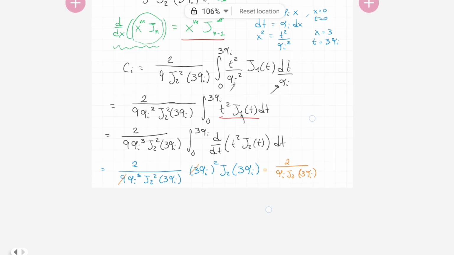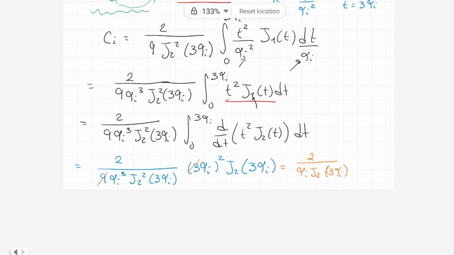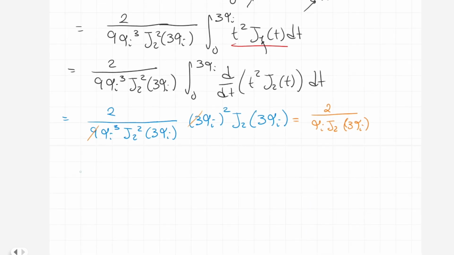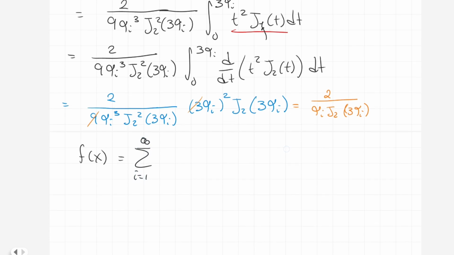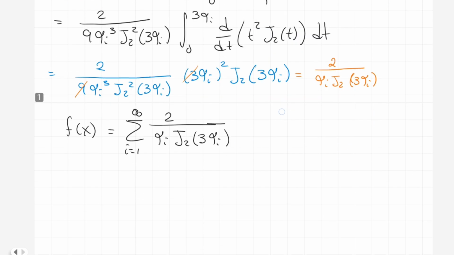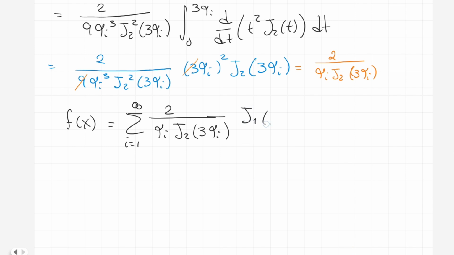Okay, perfect. So with this, we can say that our function f of x is equal to the sum from i equals 1 up to infinity of the c_i, but the c_i is 2 divided by alpha_i J_2 of 3 alpha_i, and then this multiplies, well, J_1 of alpha_i x.